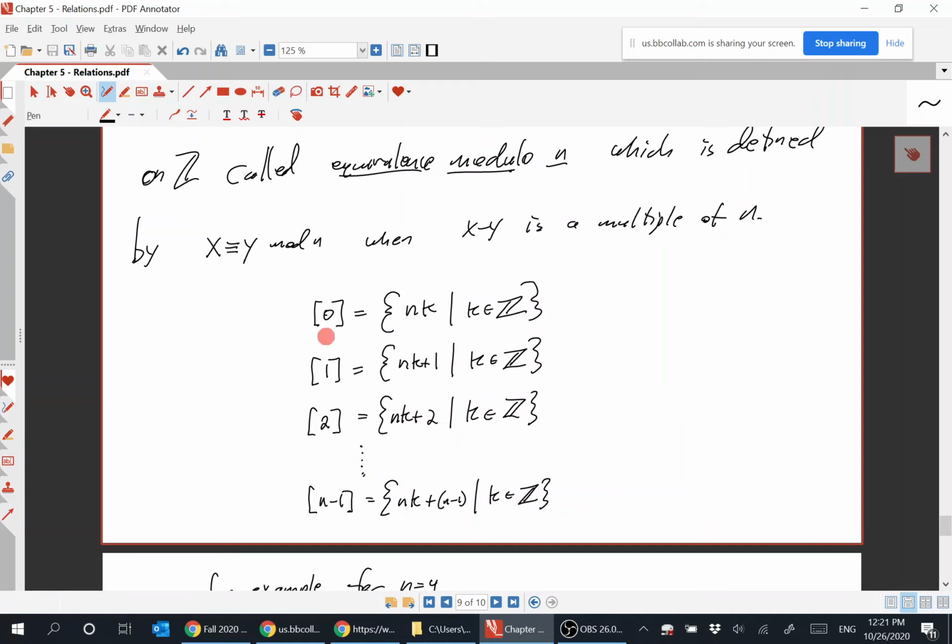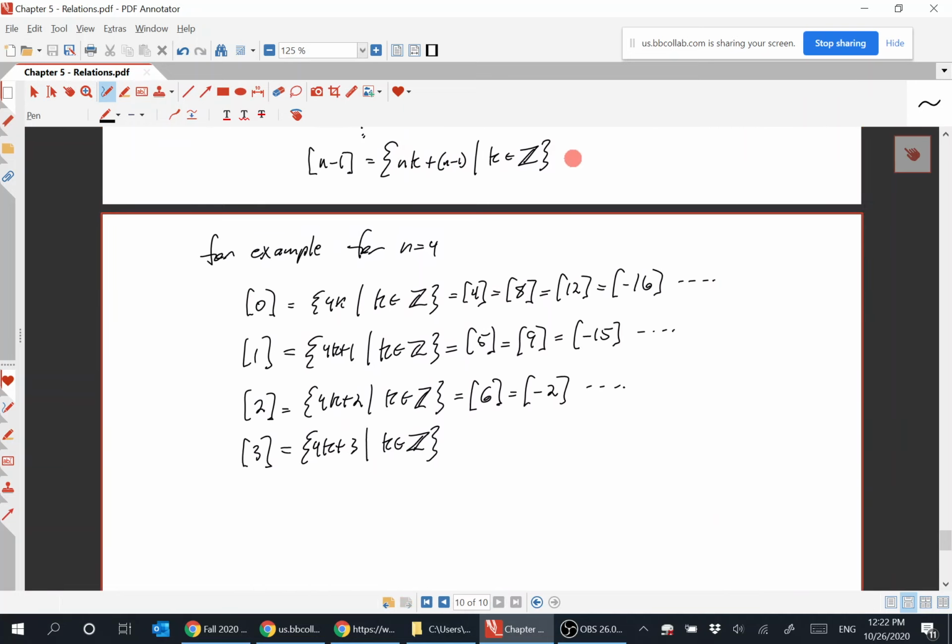So these are the equivalence classes. The equivalence class of 0 is all the multiples of n. The equivalence class of 1 was all the multiples of n plus 1. The equivalence class of 2, multiples of n plus 2, all the way up to the equivalence class of n minus 1, which is multiples of n plus n minus 1.